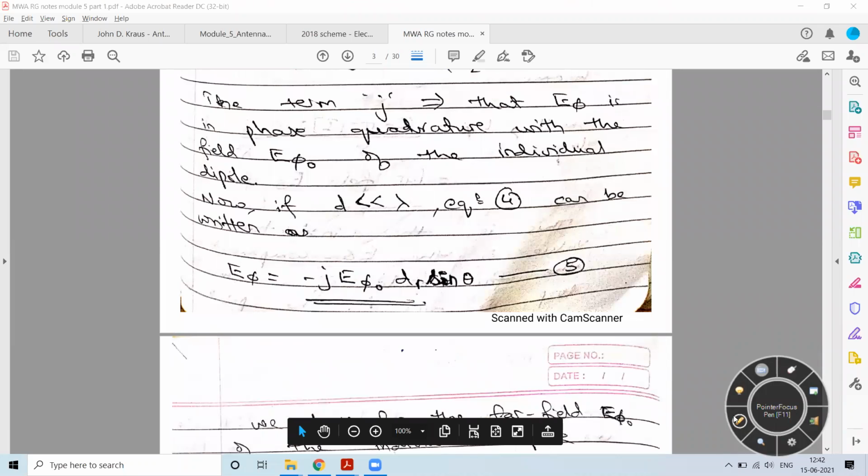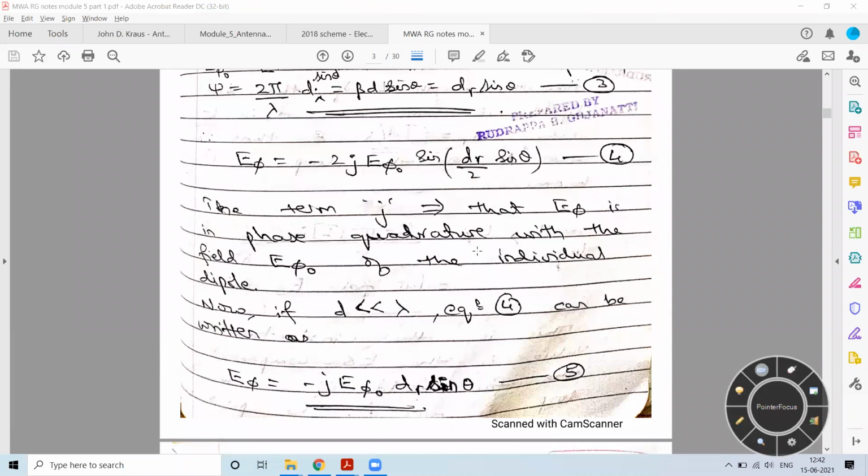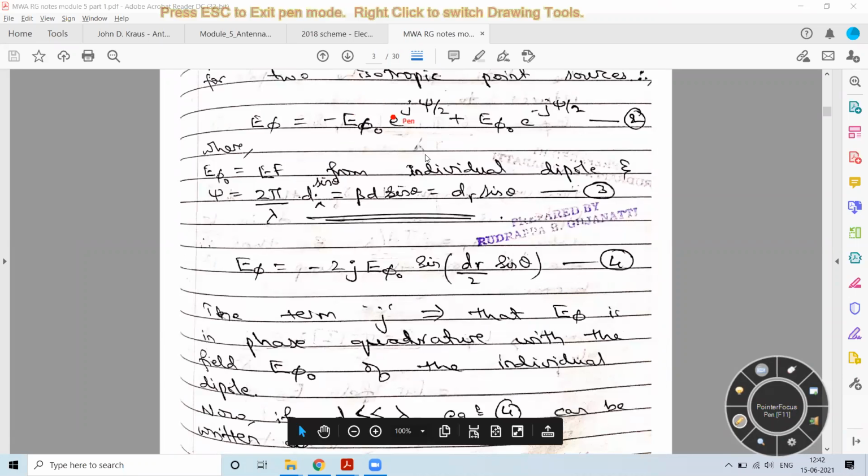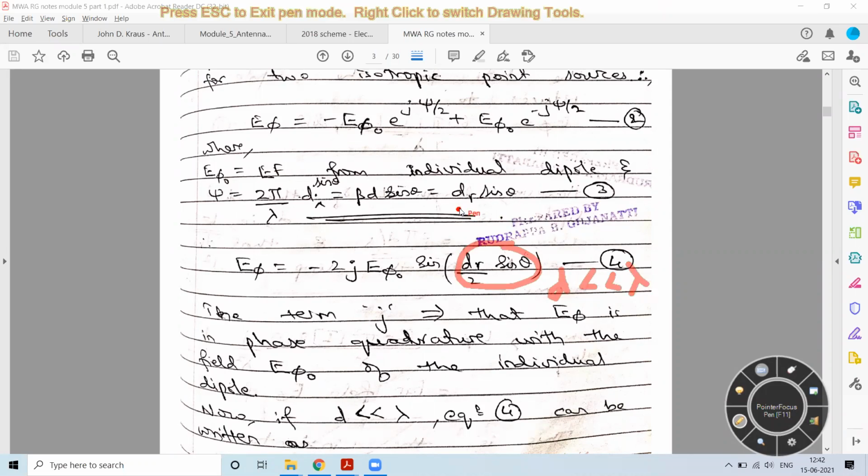So now when we consider that the d value is very much lesser than lambda, then what happens is, if D is very much less than lambda, we can observe in the overall equation that dr by 2 sine theta will be very much lesser than 1.